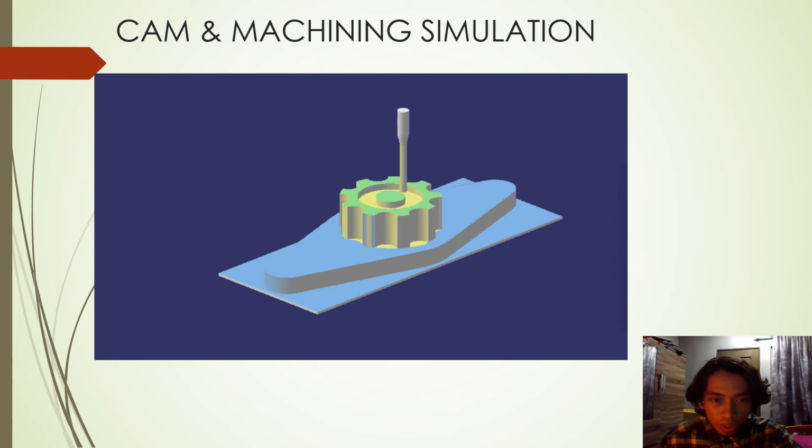So for the pocketing process, it is part of the fifth process. So we use the same tool that is 5 mm in size. So when we are done, we do a spot drilling process to get the center in place using a 2.5 millimeter center drill tool.